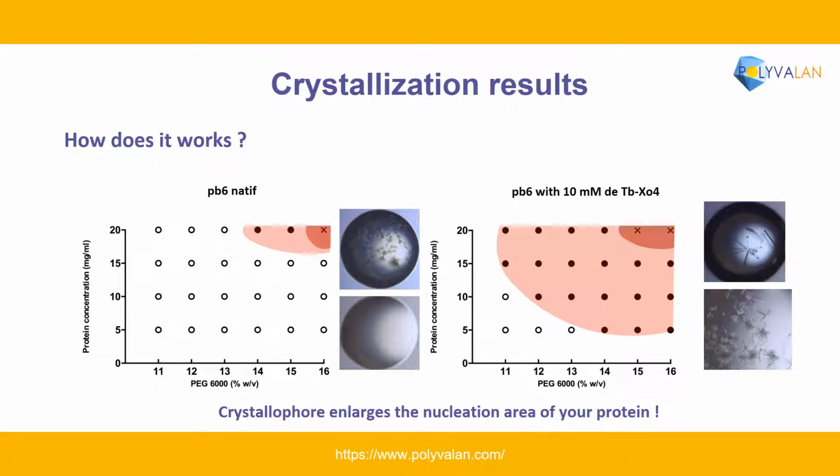The second important conclusion is that crystals can be obtained at low protein concentration, as crystals can be grown at a concentration of 5 micrograms per milliliter in the case of PB6. This can be a real advantage for precious samples or difficult to produce ones.